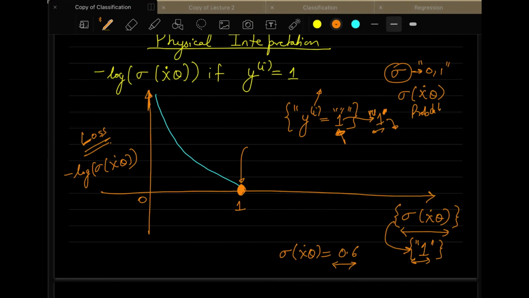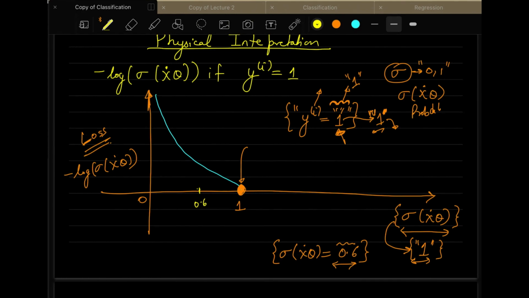So what it means is it is creating an error. It is creating an error because it is giving 60% probability, but that class you already know, because you are doing supervised learning, has a value of 1, which is 100% probability. So you are actually operating somewhere here at this point.